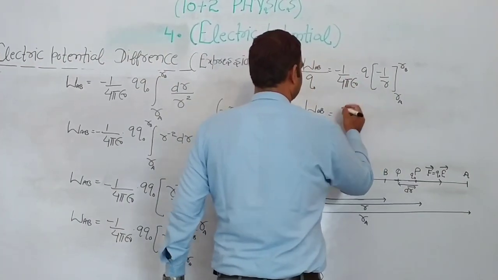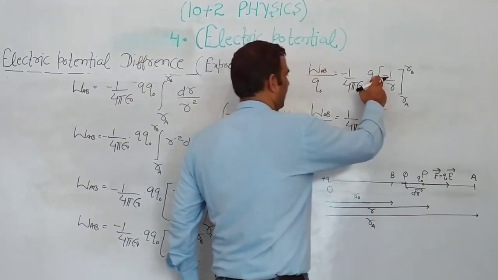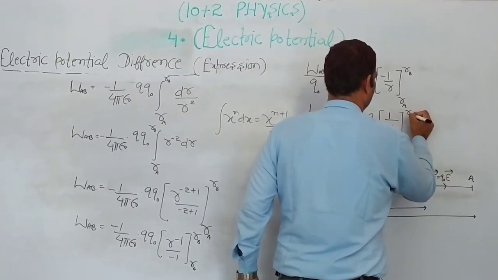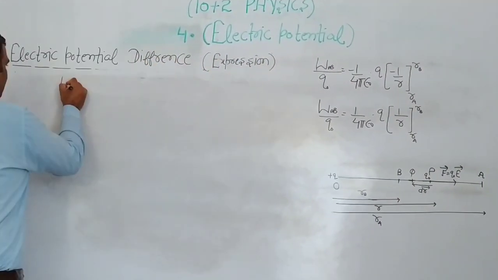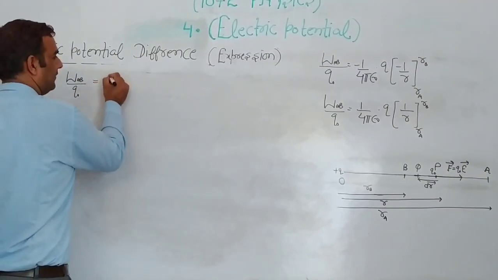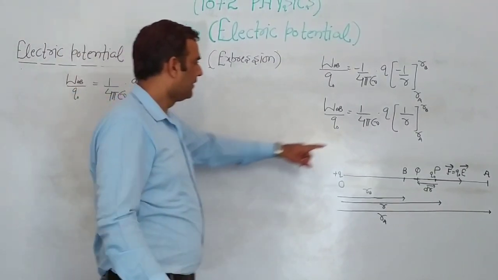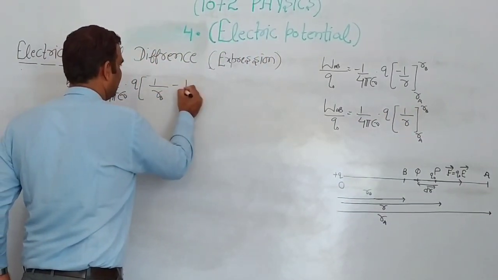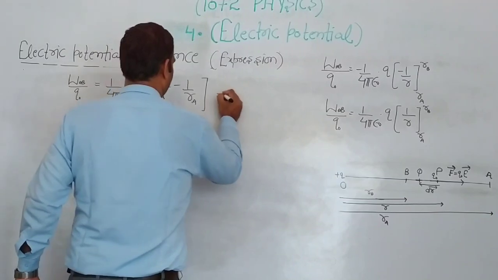Minus minus plus, 1 upon 4 pi epsilon naught Q, 1 upon r between r_A and r_B. So by applying the limits here, W_AB upon Q naught is equal to 1 upon 4 pi epsilon naught Q, upper limit minus lower limit, 1 upon r_B minus 1 upon r_A, and this is equation number 5.